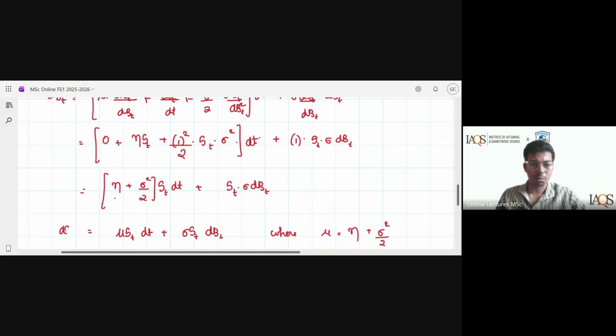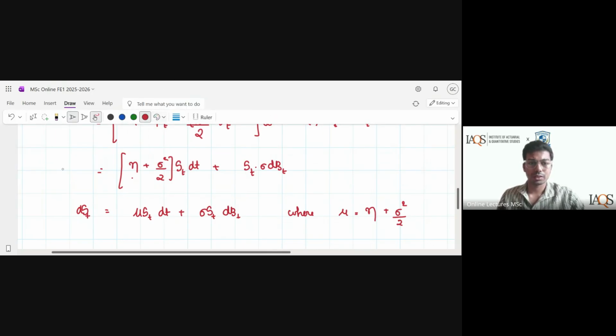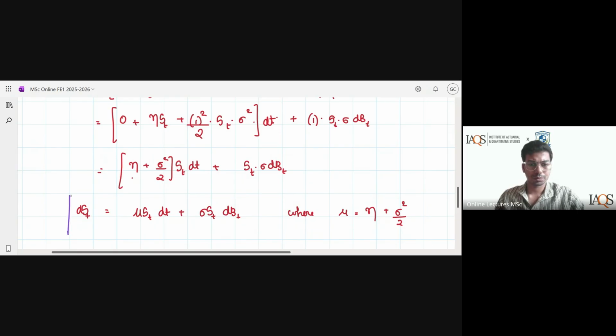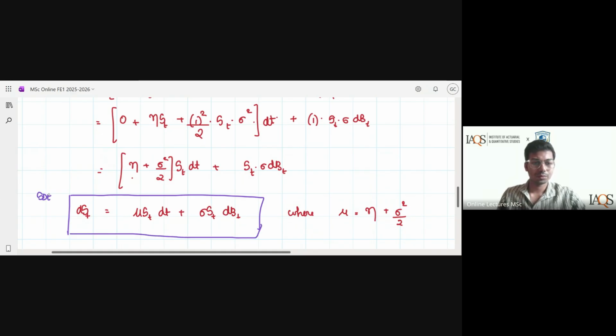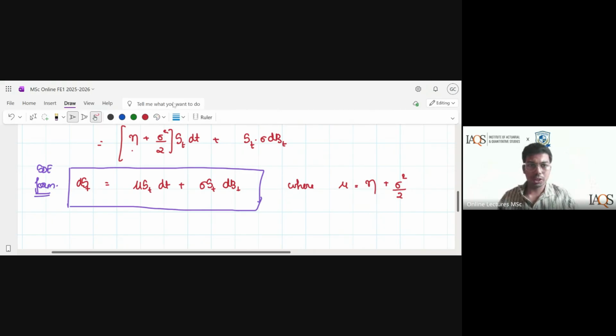This is nothing but the SDE form of your share price process. Any doubts still here? Fine with me? All right. Now, let's do the second one and then I'll copy this together.